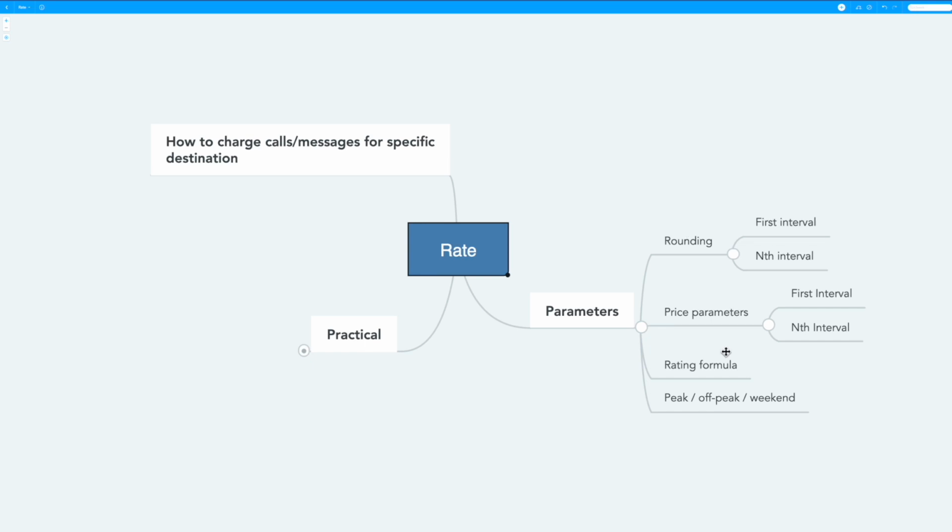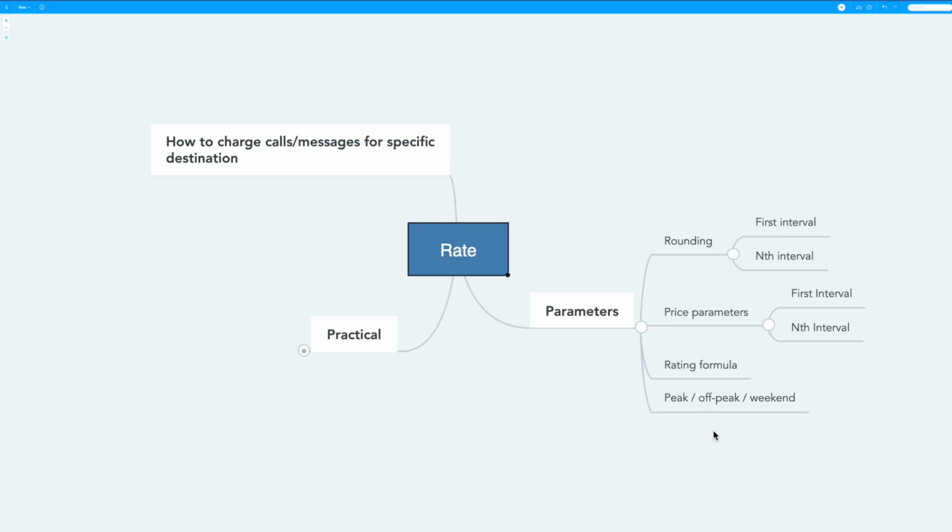If the basic charging scenario where we multiply the per minute rate by the duration of the call is not enough, we can use a specific rating formula. Rating formulas give us additional flexibility and allow us to tweak charges to specific business needs. You can get quite creative there. In the scope of this course, we're not going to do it, but you can play around if you want.